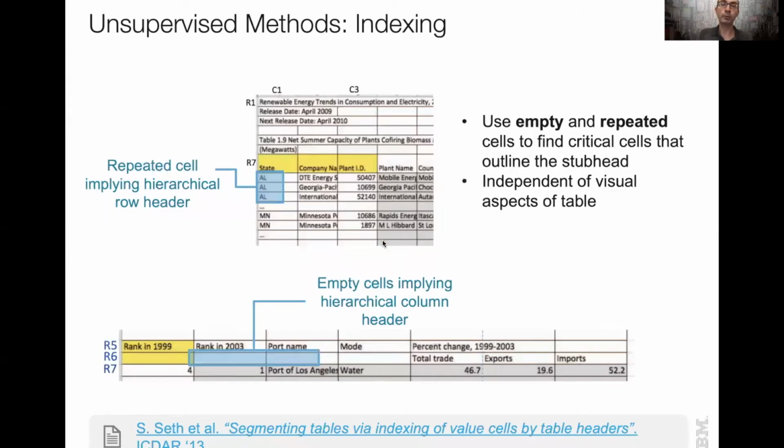Another unsupervised approach is presented by Seth et al., where they use heuristics that leverage information about repeated cells or empty cells in order to identify what they call stub head, which is intuitively the cells where column headers and row headers overlap, and which can be used to define the three table regions.